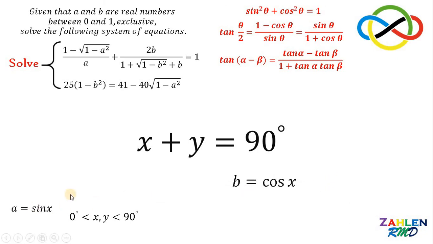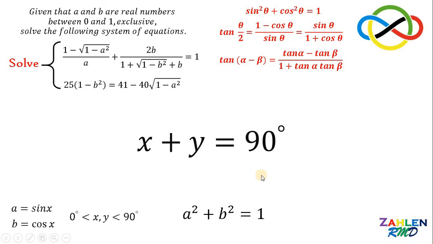Thus, we have a = sin x and b = cos x. Now, at this point, we will use again the first identity that we used: sin²θ + cos²θ = 1. It follows that sin²x + cos²x = 1. Thus, a² + b² = 1.